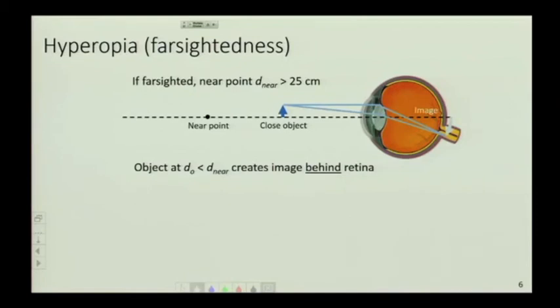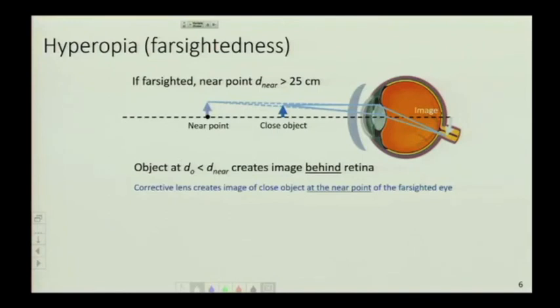What you want is that your lens should correct this so as to form the image on the retina. So you need to correct it with a converging lens to make the light rays converge more. So what the lens is doing effectively is, okay, ideally I should be able to see an object at 25 centimeters, but I can't.